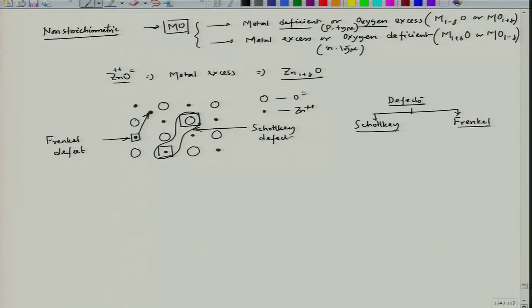So, now in case of Frenkel, I create a cation vacancy, and of course, in parallel we are creating a cation interstitial.